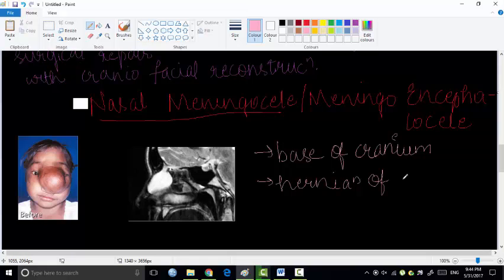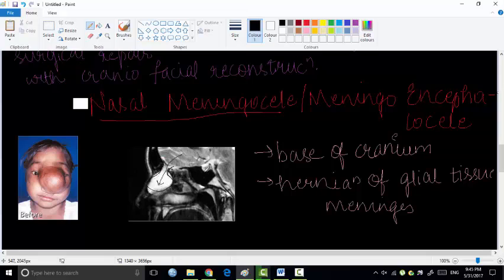Here there is herniation of both brain and the meninges, leading to nasal meningocele, right?